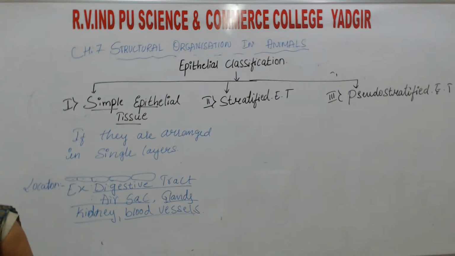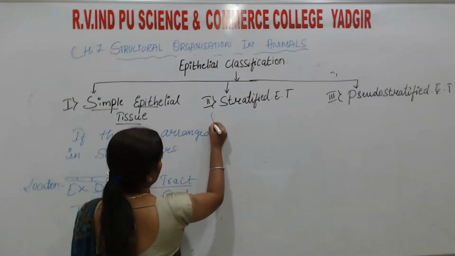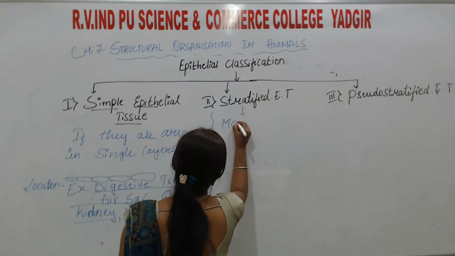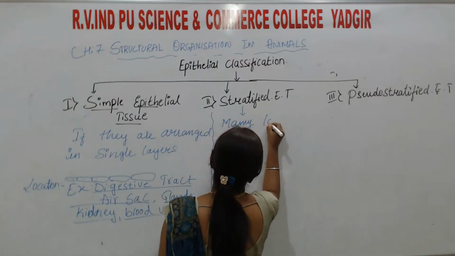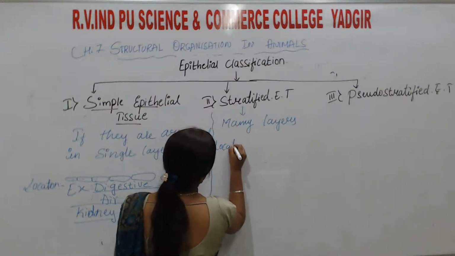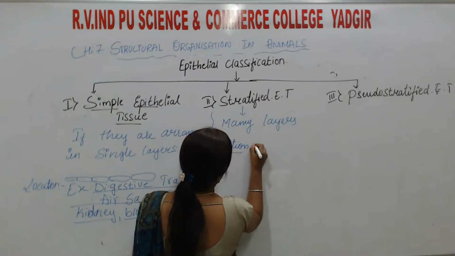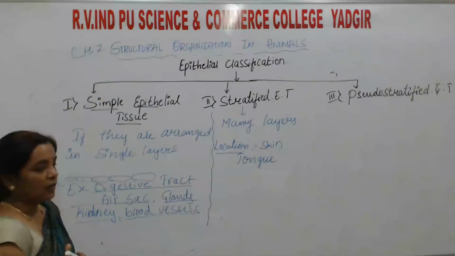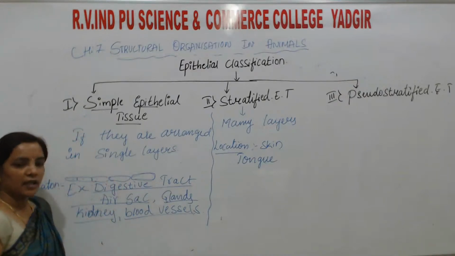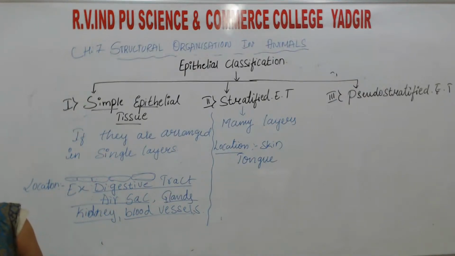Okay, next, stratified means these are arranged in many layers. What are the locations where they are seen? It may be skin. All are having many layers, not single. If it is single layer, simple. Many layers, stratified.